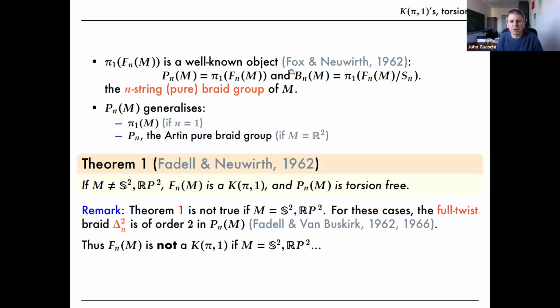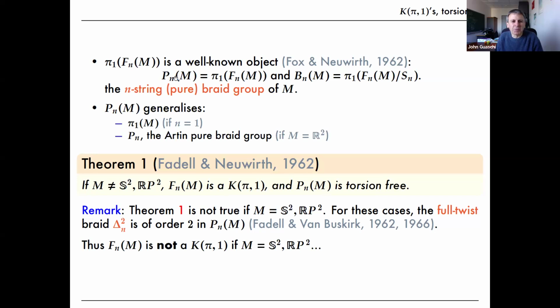It was shown by Fox and Neuwirth at the beginning of the 60s that its fundamental group is the pure braid group of M. You could take this to be a definition, but the idea is that you define the pure or the full braid group of M, coming from the geometric type definition of the usual braid group, except that you replace the disk or the plane by your favorite surface.